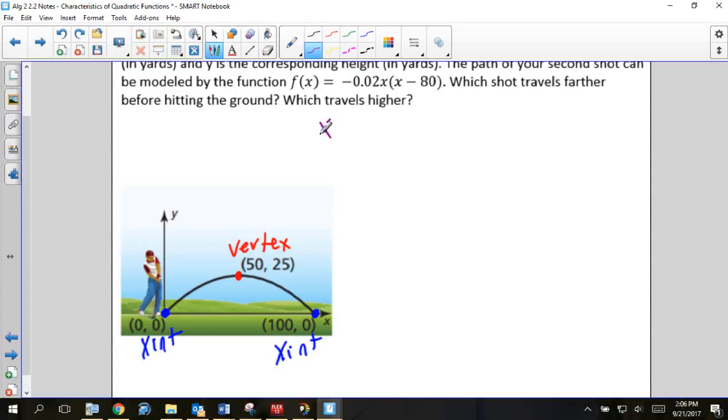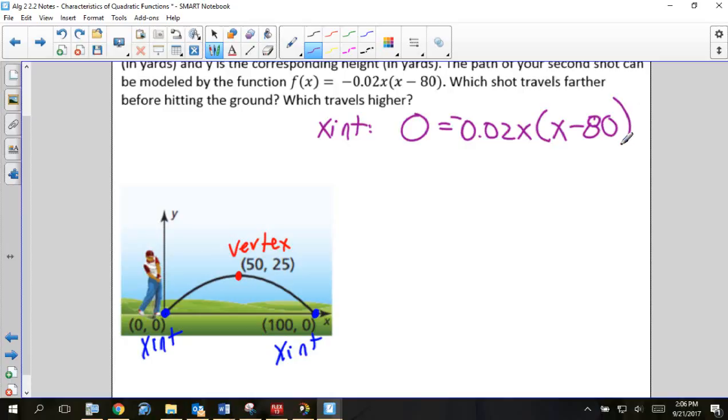So I'm going to find my x-intercepts by making y 0, which is f of x. And then I'm going to think about this. How can I possibly get 0 when I multiply this stuff together?